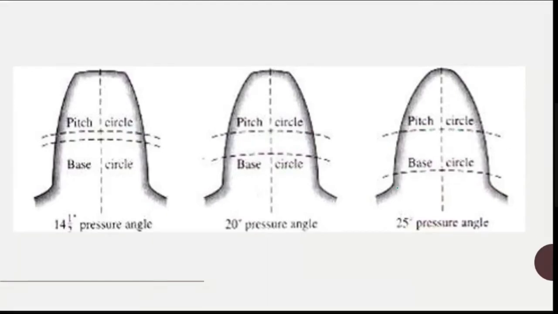Anyway, the figure is not very clear. What differences can you see in these three pictures? One with a more pressure angle seems to be more rounded. The 25-degree pressure angle seems to be much more rounded compared to the 14.5-degree pressure angle. Yeah, very good.